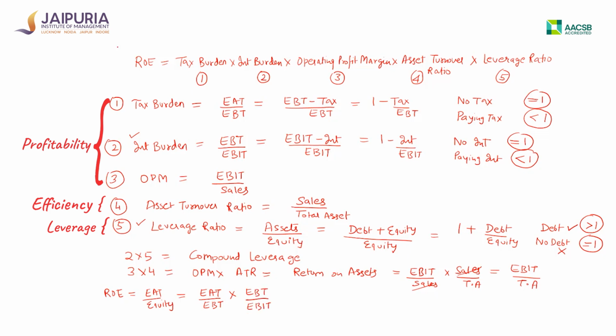This is the interest burden. Then I don't want EBIT now, so EBIT divided by sales. This is the operating profit margin, multiplied by asset turnover ratio. I don't want sales now, so sales divided by total assets, into total assets divided by equity. So if you see all the 5 parameters, we are only left with EAT in the numerator and equity in the denominator to get the value for ROE.